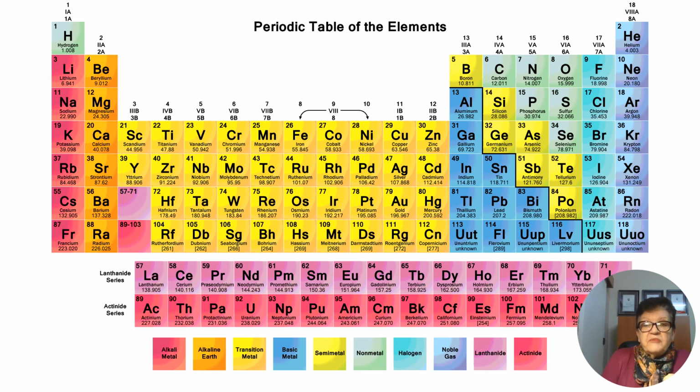It ends up here between Lv and Uus at the bottom right-hand side, and all the elements to the left-hand side are the metals, so they are the big group on this periodic table, with the exception of hydrogen. Hydrogen appears in group 1 because it only has one electron. So that electron is also its valence electron.